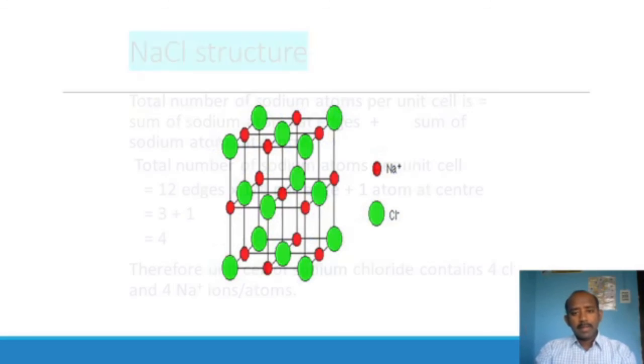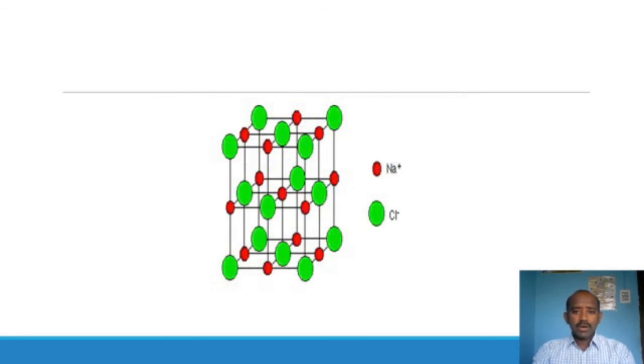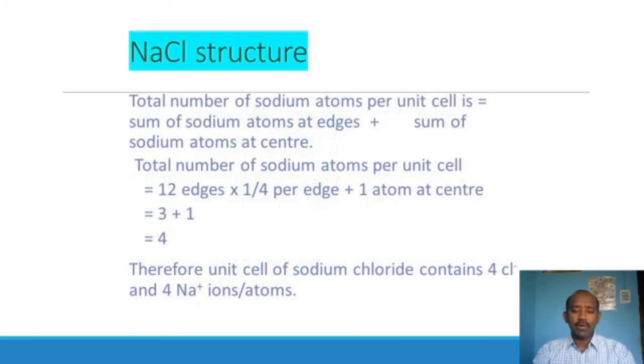Next we have to see what is the total number of sodium atoms contributing to that unit cell. The total number of sodium atoms per unit cell can be calculated by the sum of the sodium atoms at the edges. What we are observing is that the red color atom is sodium and the green color atom is chlorine. That red color atom, the sodium atom at the edge, is shared with 4 unit cells, so we have to take it as 1 by 4.